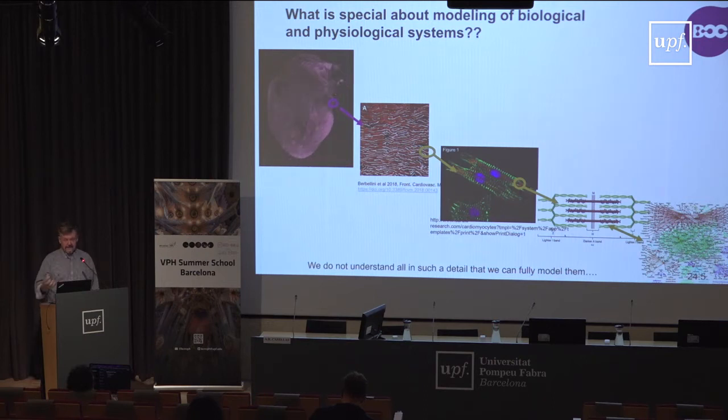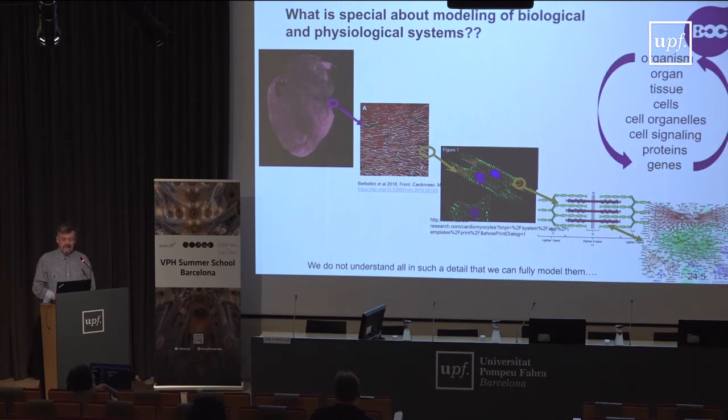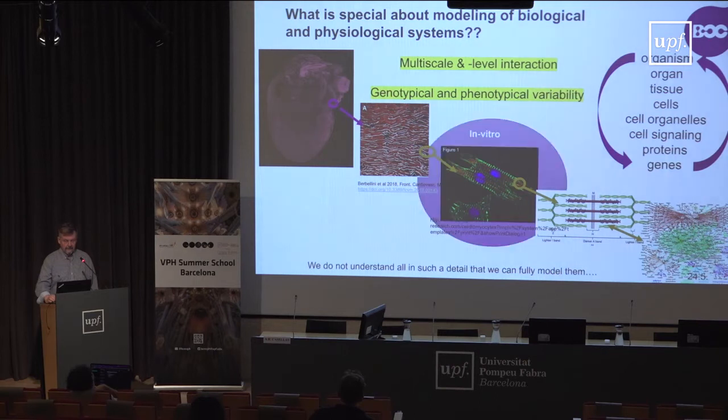So how to handle this all? And of course, it's this normal paradigm that organism is affecting the genes, and genes are dictating how the cells and other work. So we have really a multi-scale and multi-level interaction problem.